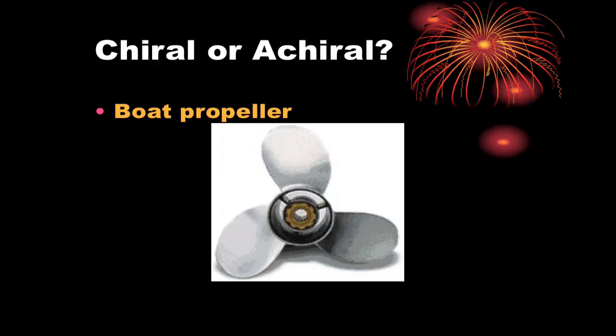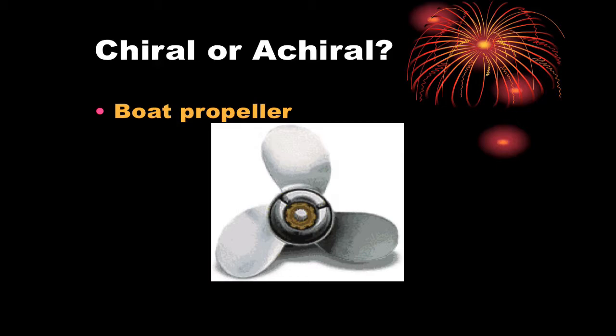How about a boat propeller? Is that a chiral object or an achiral object? It is chiral. It is very much so chiral, and it's because the boat propeller, the blades come out and twist in one direction. Okay? Does it matter for your boat that it's chiral? You bet. You buy the wrong chirality of boat propeller, you put it in forward and you'll go in reverse.